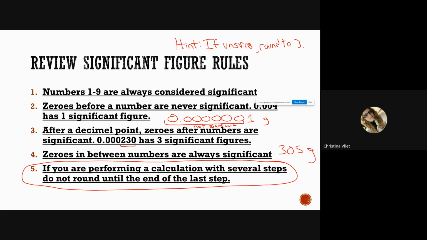If you round after every step, you round and then round again and again. For some processes, like empirical formulas, you may end up with a totally wrong answer as a result. So rule number 5: in multi-step calculations, wait to round until the end. Just hold the numbers in your calculator and continue.